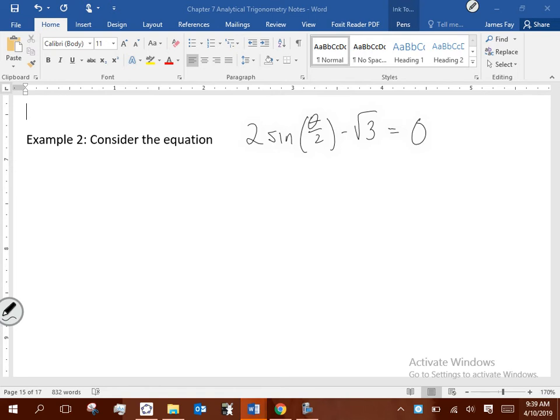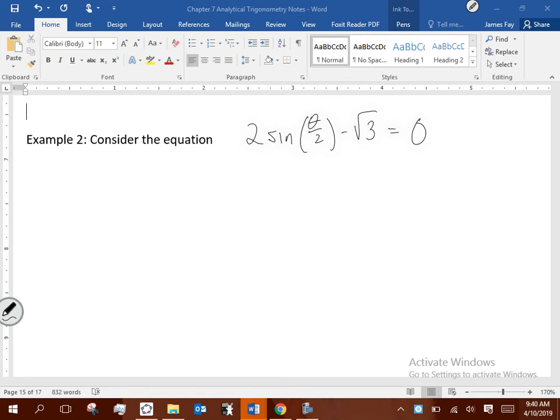A lot of times what they're going to do is just create an equation initially to get you in a habit of doing this process, an equation that when solved is going to give you like sine of whatever is equal to radical 3 over 2 or radical 2 over 2 or 1/2 or the negative versions of those, because then you can quickly generate values off the unit circle. But it doesn't have to be.